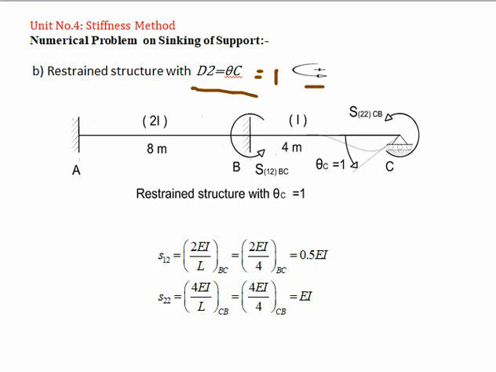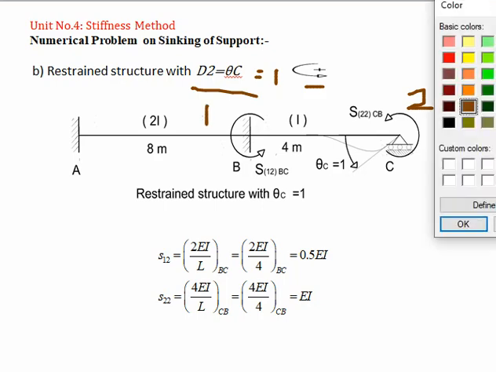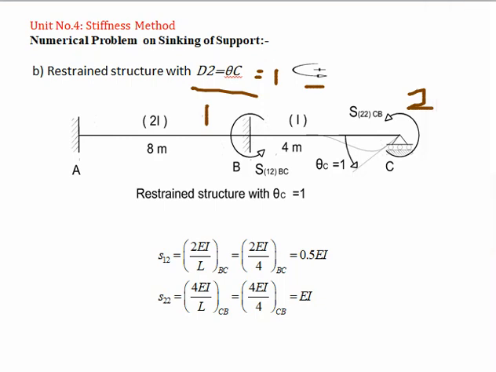This is the second coordinate location, this is the first coordinate location, and we are applying the unit force in the direction of the second coordinate. The second number indicates the direction where you are applying the unit force. So you will get the second column of the matrix now.